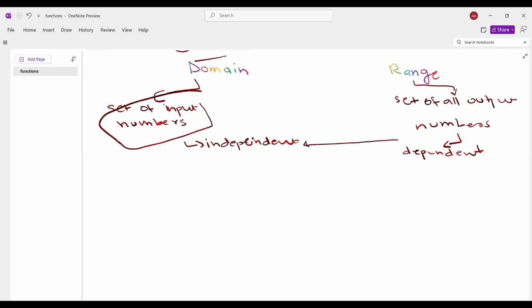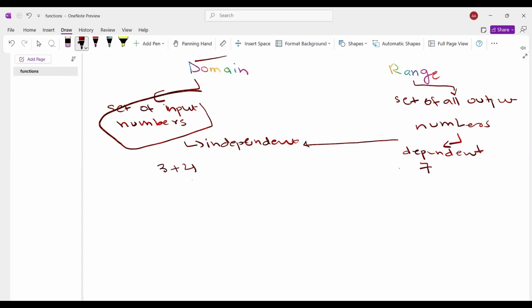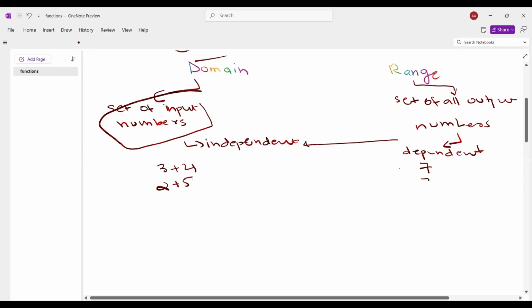Also, the range, the output, can be identical for different inputs. So if you give 3 plus 4, it will result in 7. And if you give 2 plus 5, that will also result in 7. So 7 is repeating, the output is repeating. However, it cannot be possible that two different outputs have the same input.